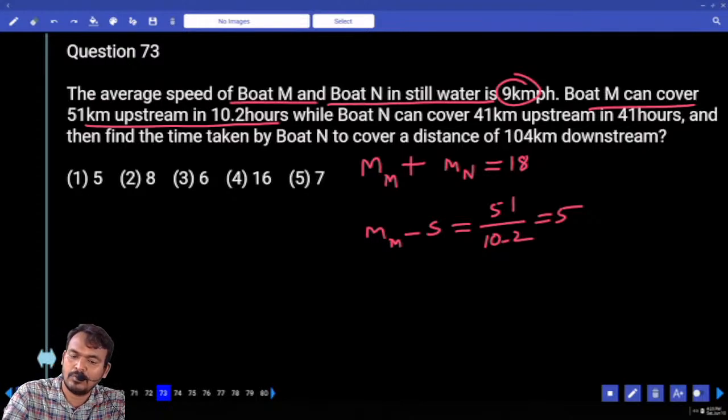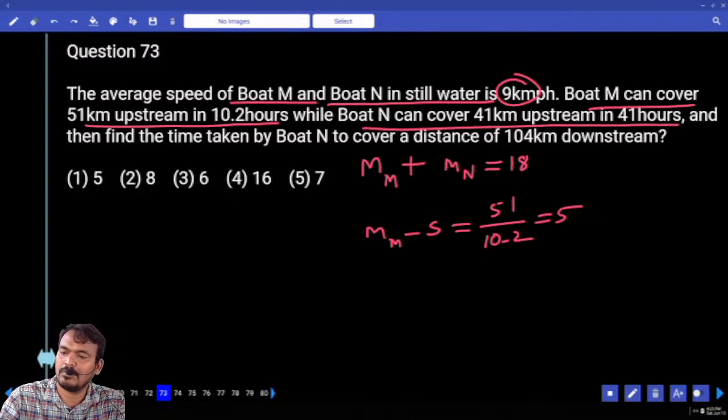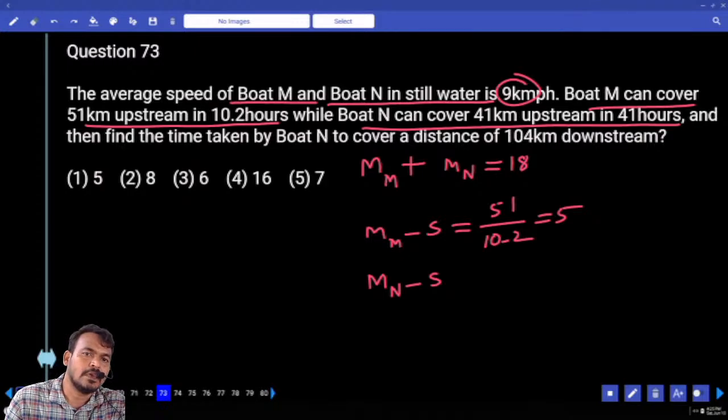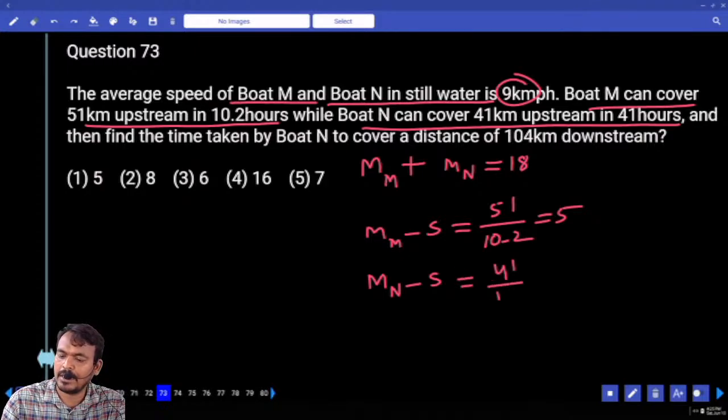Next, boat N covers 41 kilometers upstream in 41 hours, so N minus S equals 41 by 41, which is a speed of 1 per hour. What is the first speed? 5. Second speed? 1.